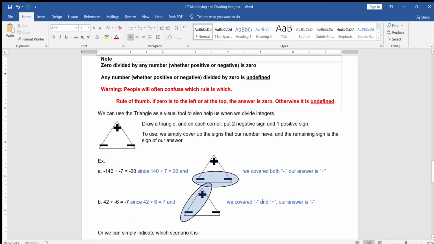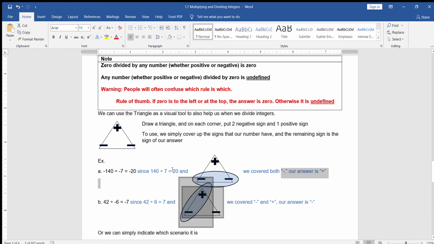So here are two examples. A, negative 140 divided by negative 7 should give you guys negative 20, since negative 140 divided by 7 is equal to 20, and since we covered both negatives, the remaining sign is positive.